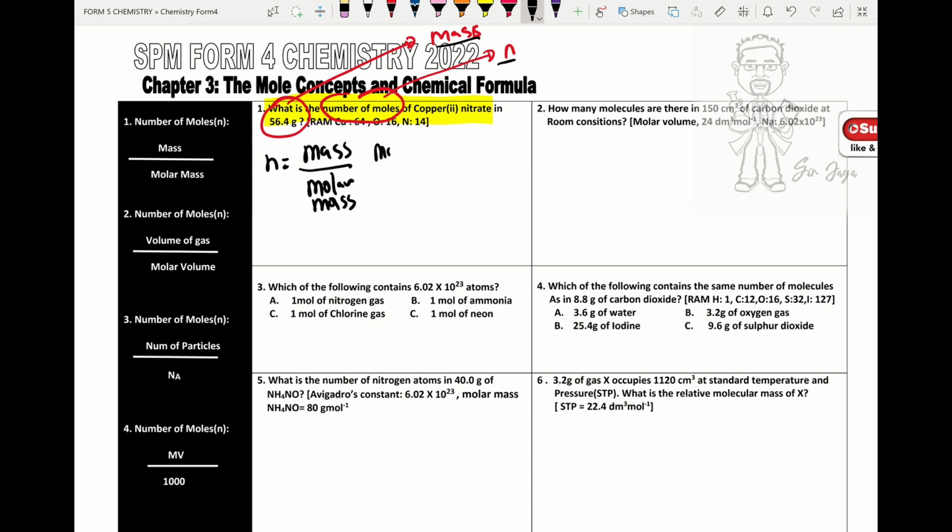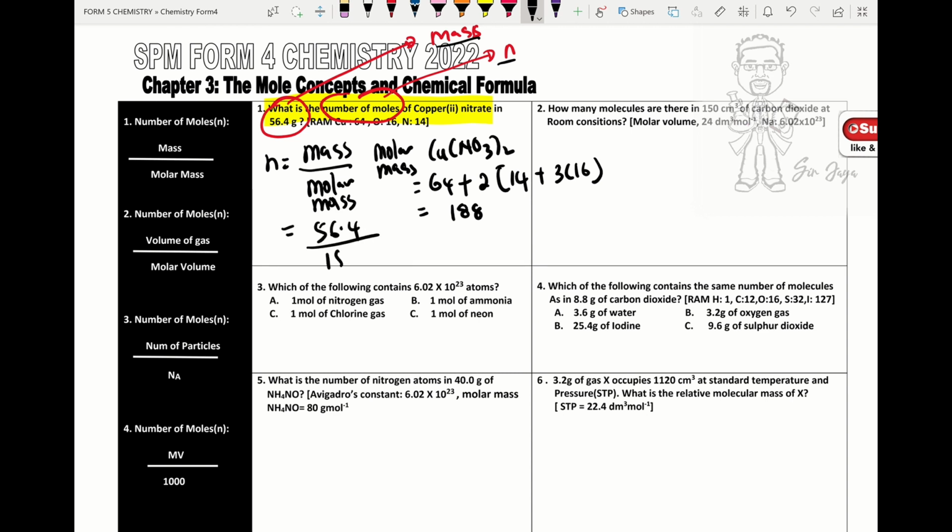I find the molar mass of copper(II) nitrate: copper is 64 plus 2 times open bracket nitrogen 14 plus 3 times 16. The answer is 188 grams per mole. So we take the mass, 56.4, divided by 188. The answer will be 0.3 mole.